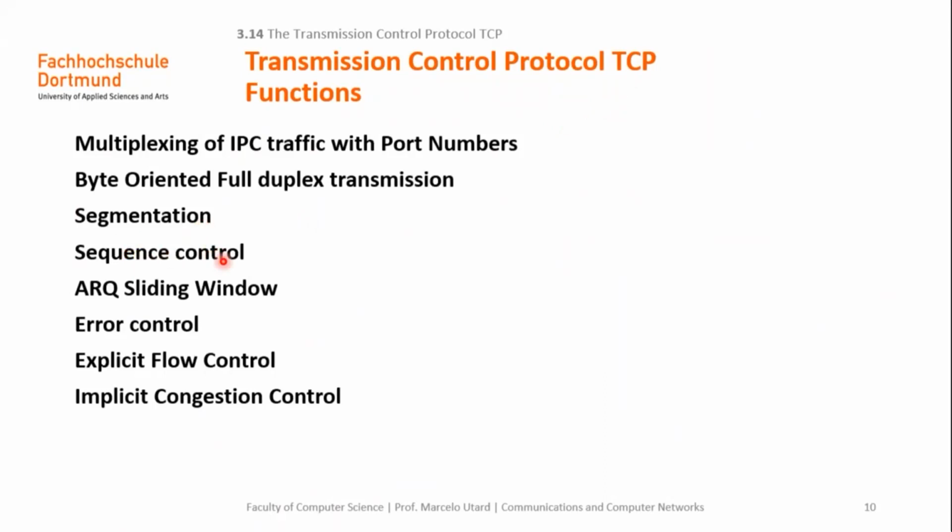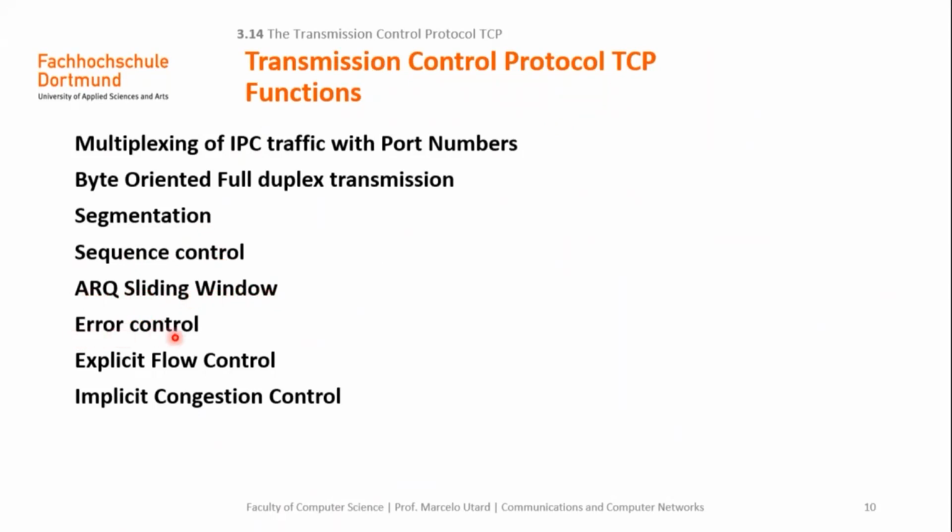That is, if the segments arrive at the receiver out of order, the TCP, using the sequence number, can reorder the data in the receiver buffer. The TCP implements an automatic repeat query mechanism with a sliding window, go back N. And this mechanism permits implementing an error control algorithm.